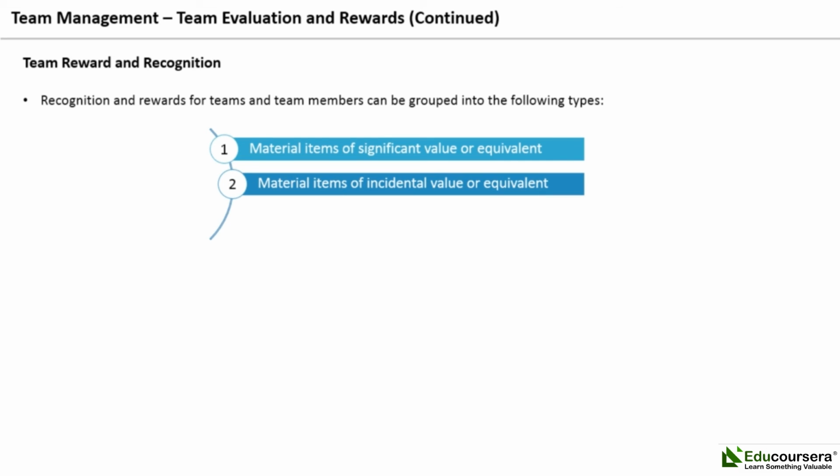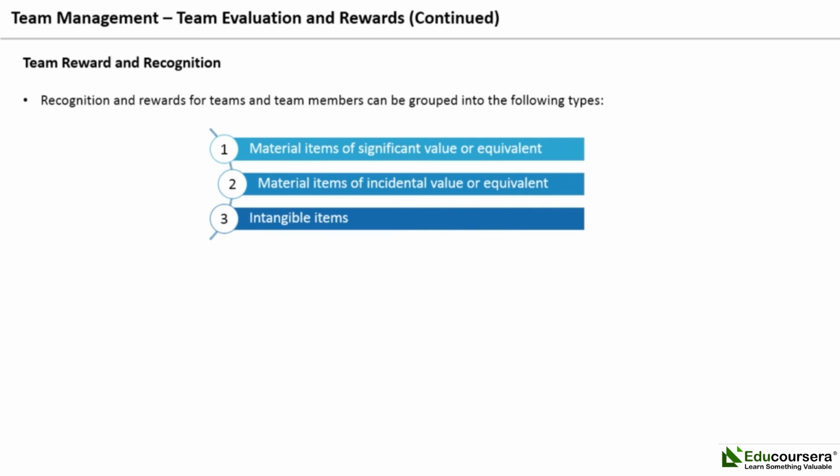Material items of incidental value or equivalent: cash less than $1,000, picture on bulletin board, trophy, plaque, certificate, a meal with the boss, special parking space, name on a list. Intangible items: satisfaction, thanks, pleasure, admiration, friendship, notoriety, learning experience.